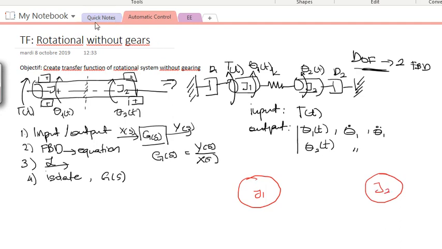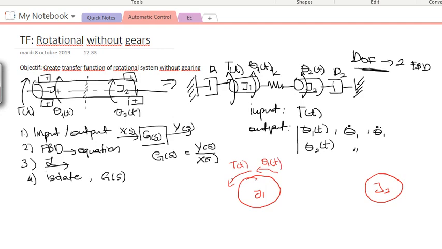What are the forces that we have on J1 and J2? Okay, so on J1, we know that we have the input torque of T. And then I will also note here the direction of the rotation, output theta 1 t.